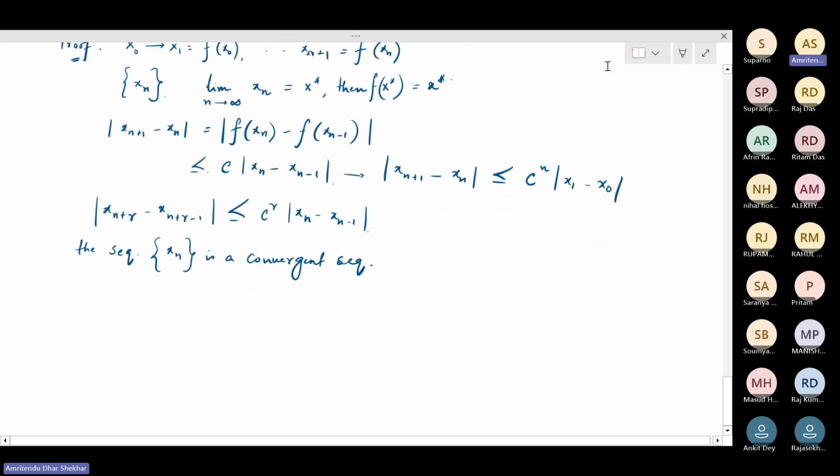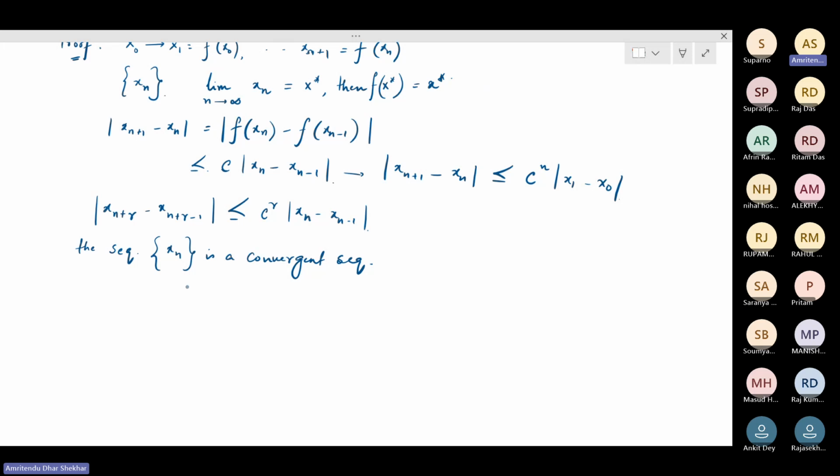Right, so of course, the sequence is a convergent sequence, and let's say the limit of the sequence is equal to x star.